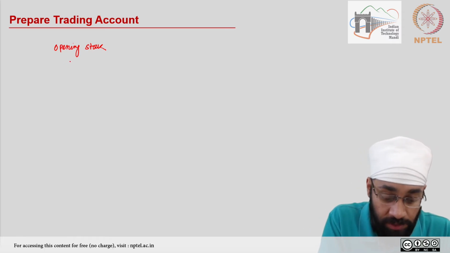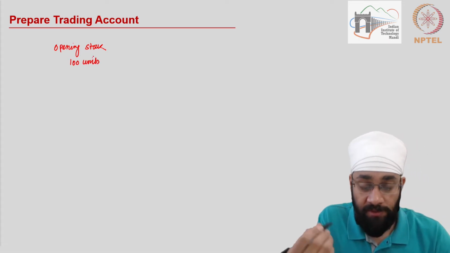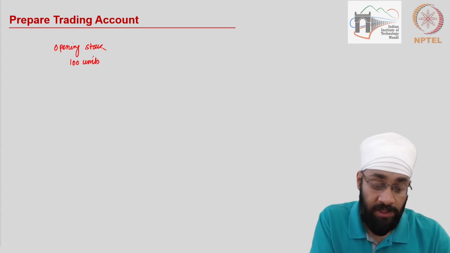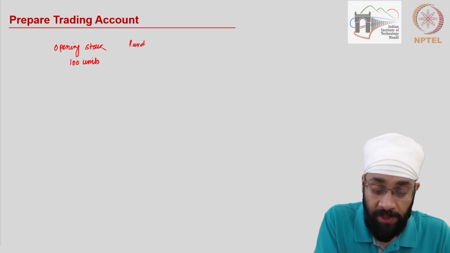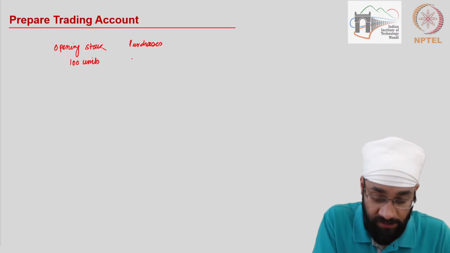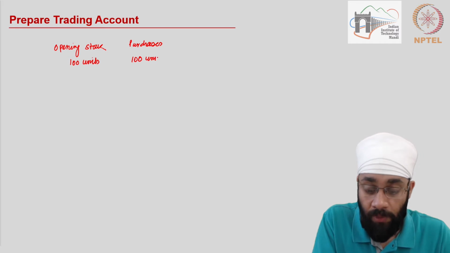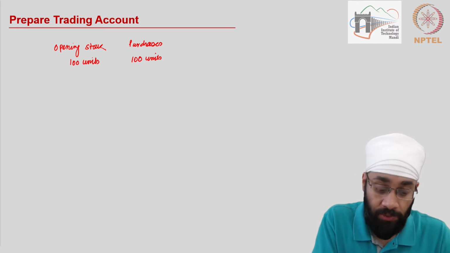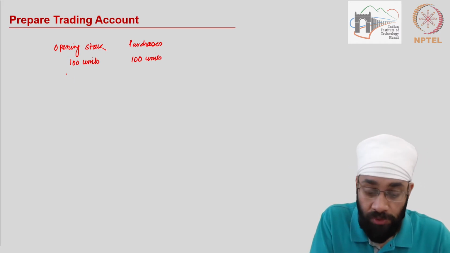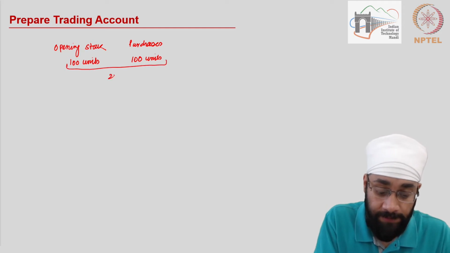So let us say opening stock of 100 units. You started this financial year with existing units of stock, and then you make some purchases during this year again. So 100 more units you purchase. So total units available to be sold is now 200 units.